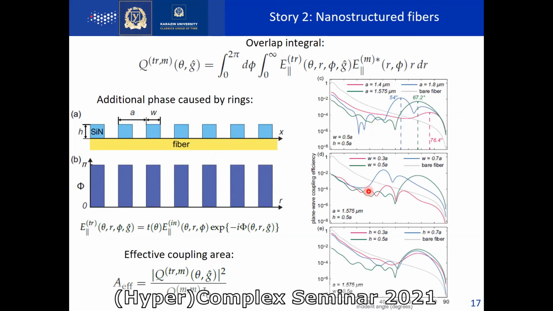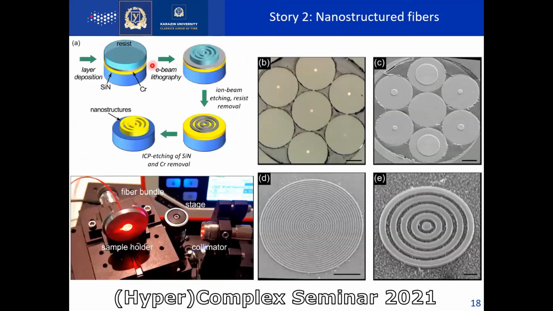Then we also check it by numerical simulation and apply some advanced optimizations, and finally find the best design, which was fabricated using a combination of electron beam lithography and ion beam etching. Here you can see images of the fibers nanostructured by these ring-like structures with different numbers of rings.